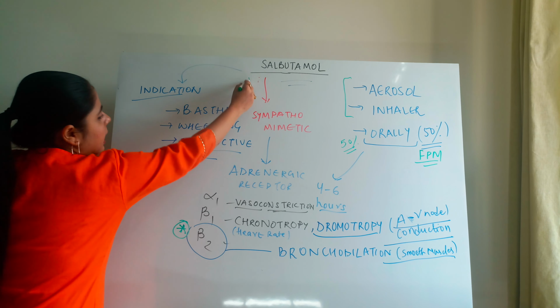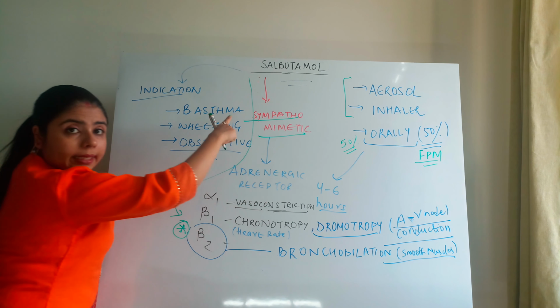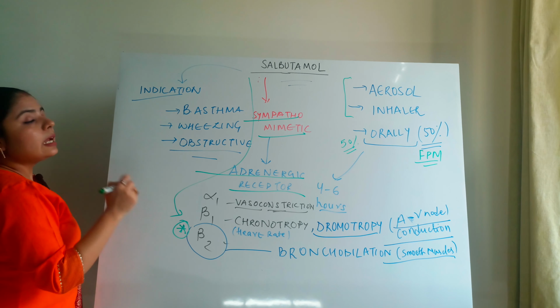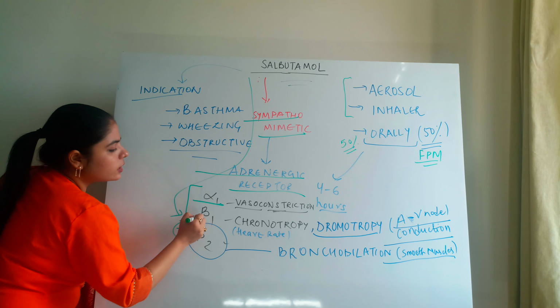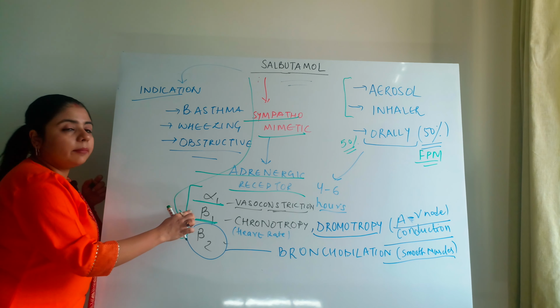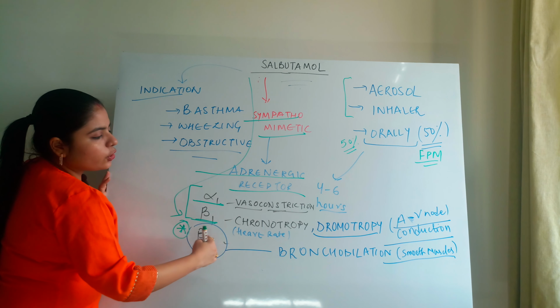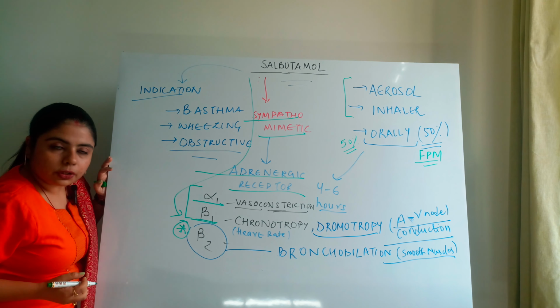The drug is targeting the beta 2 receptor, but since the drug is sympathomimetic in nature, since it is targeting the adrenergic receptor, it also has potential effects on stimulating or binding with the alpha 1 and beta 1 receptors. That is, it leads to vasoconstriction, positive chronotropy, positive dromotropy, positive conduction, right?